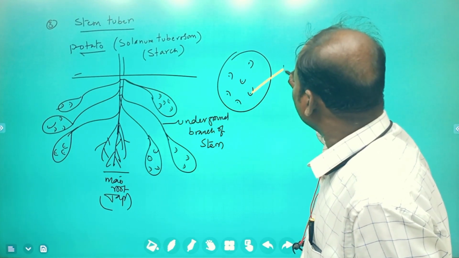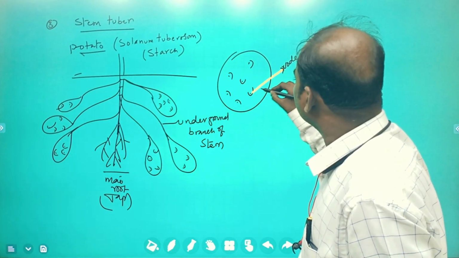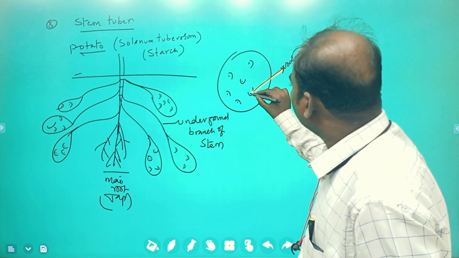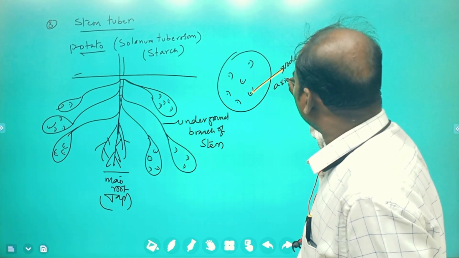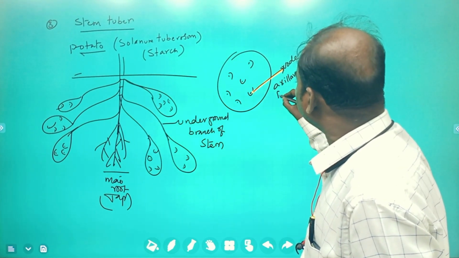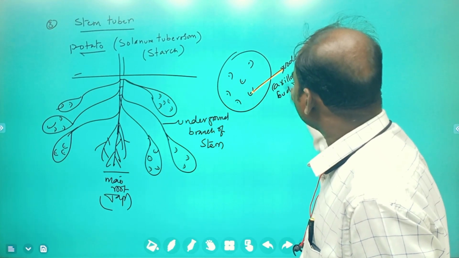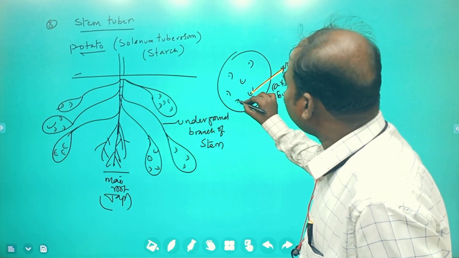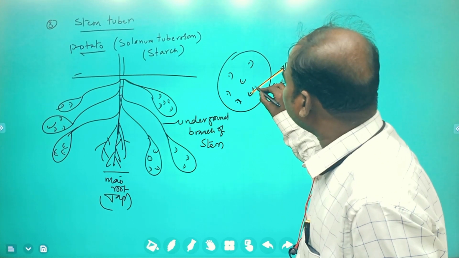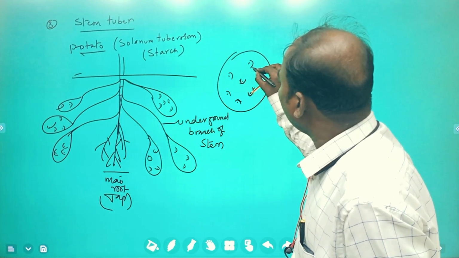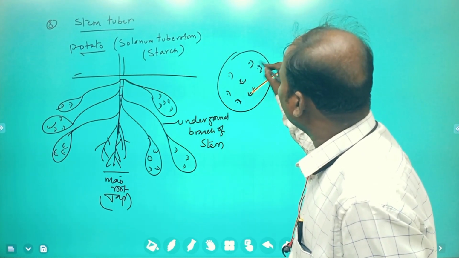At every node, what will be found? The axillary bud is found. This scar represents the axillary bud and has dry membranous leaves, also called scale leaves.